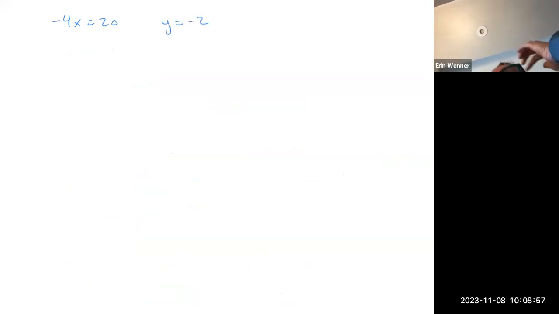So I want you to graph those two lines. The hint for the first equation is to isolate x. And then once you graph those two lines, I'm going to open the chat feature up so you can send me your solution. There is a solution, and I want you to send me what you get as a solution for these two.